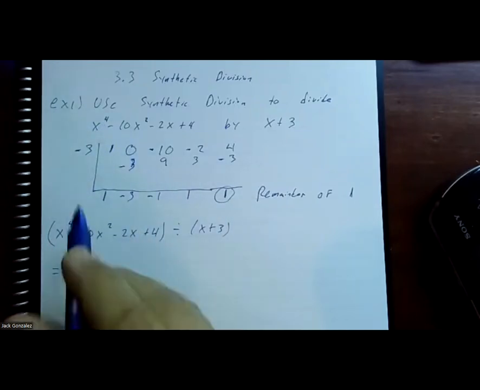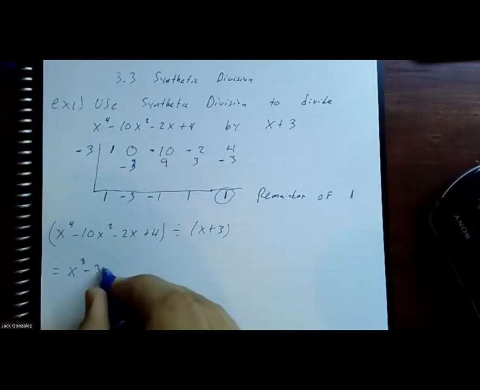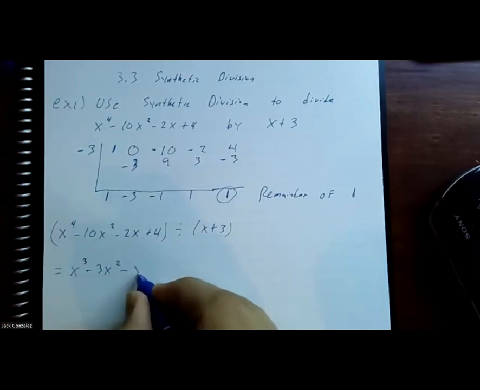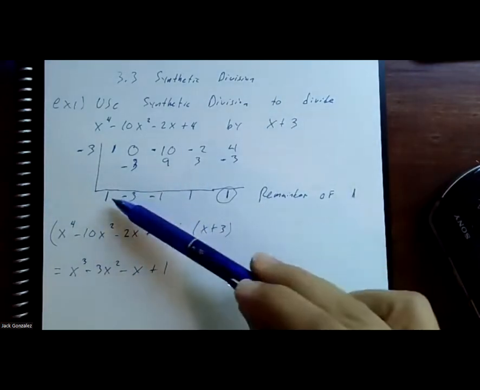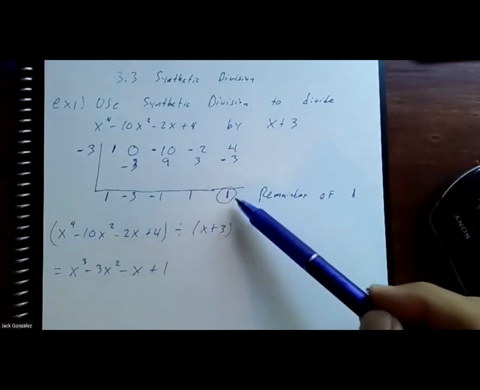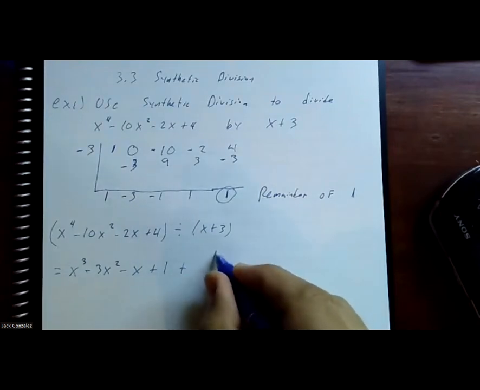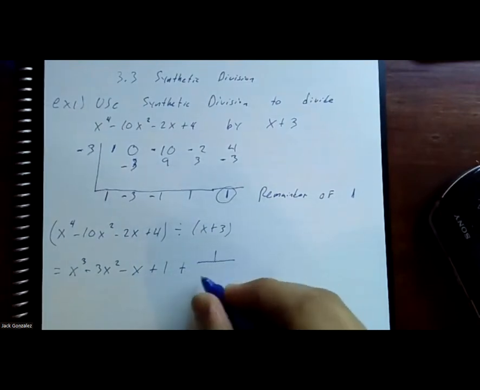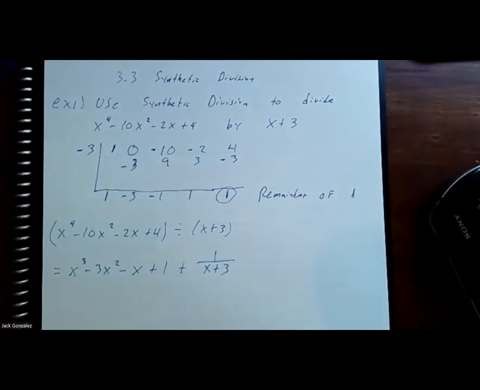This would be a cubic power. Okay. So the 1, the -3, the -1, the 1. And then plus your remainder. But remember, you always write the remainder as whatever it is over the divisor. So see, this is much easier than long division, right?